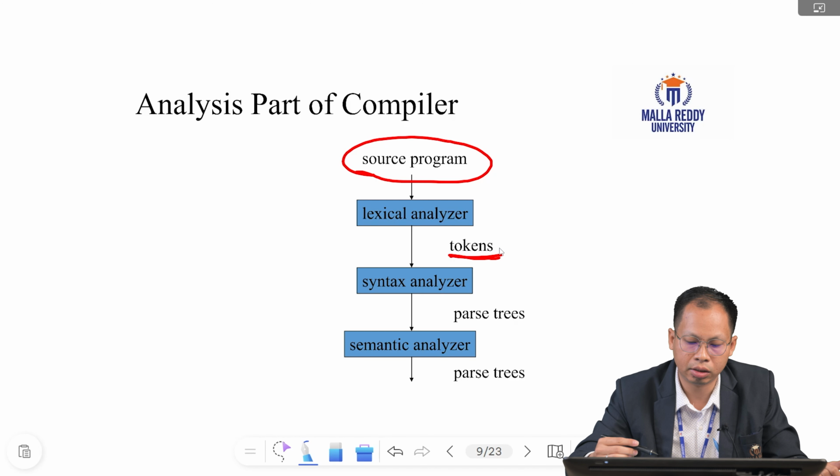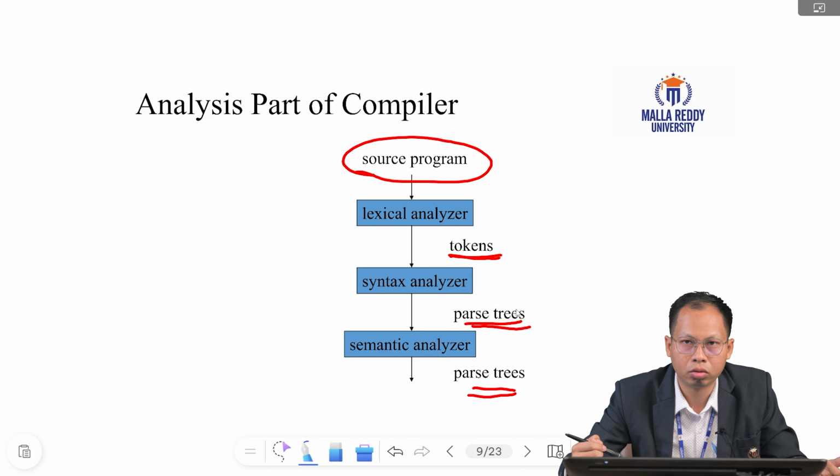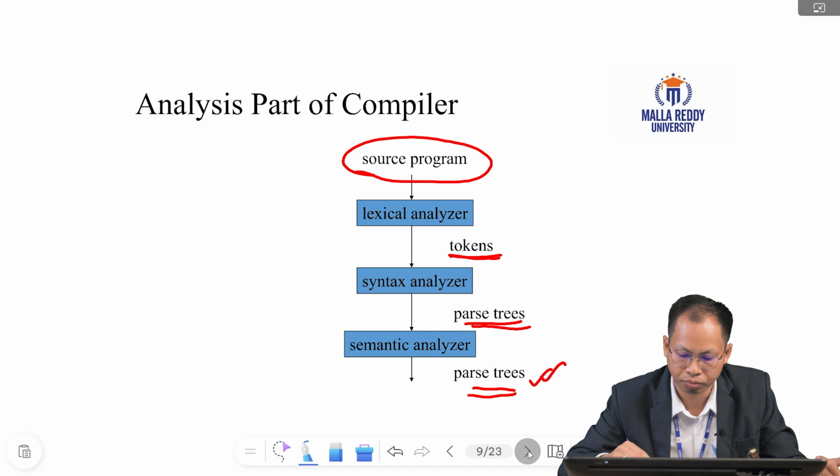Then the syntax analyzer takes those tokens and creates a tree structure called a syntax tree or parse tree. Then the syntax tree goes through the semantic analyzer, where it checks semantic correctness and updates the syntax tree or parse tree.